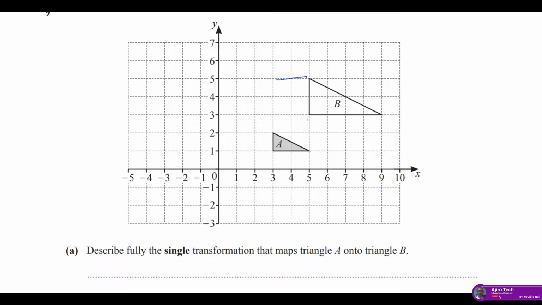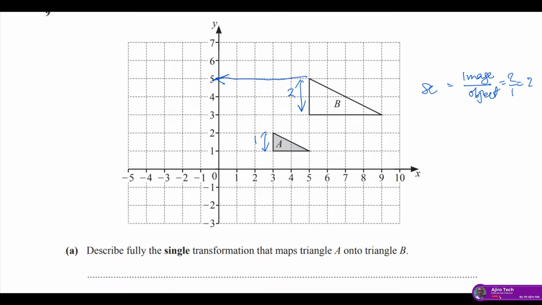Let's count. This height is 2, this height is 1. So the scale factor, we are mapping A onto B, so the image is double of the object. Image over object, 2 over 1 is 2.